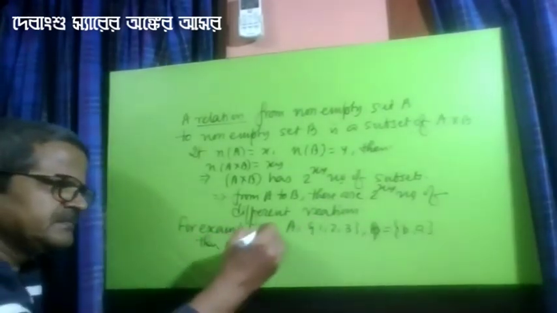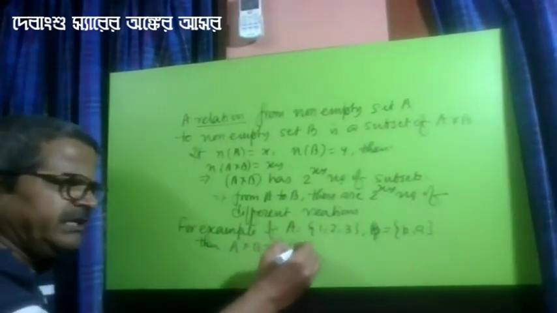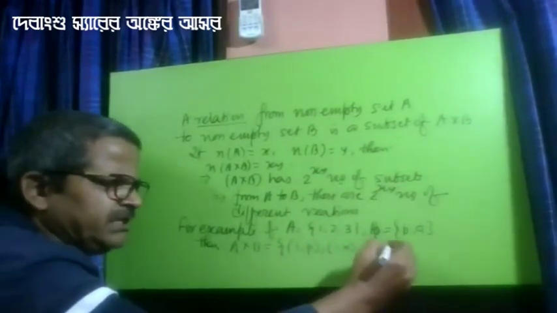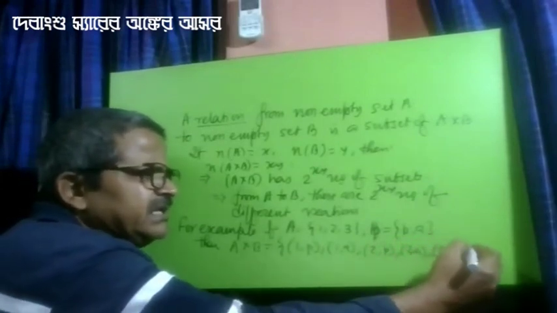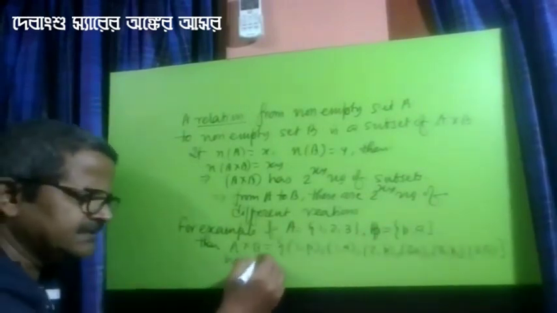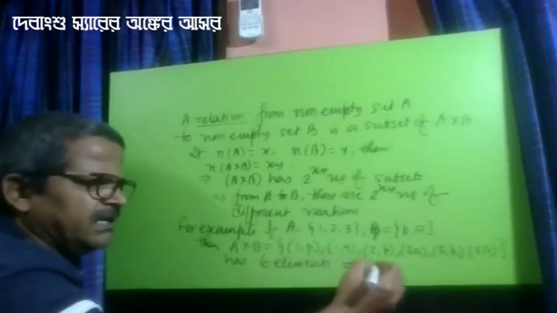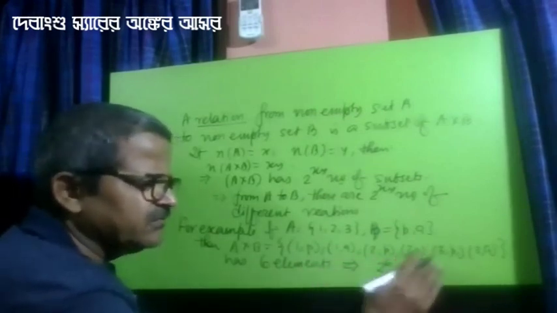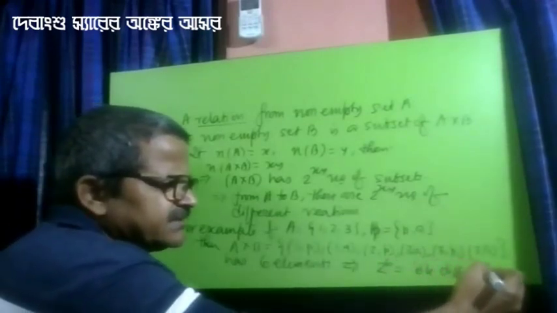Then, if A cross B, already written 1P, 1Q, 2P, 2Q, CP, CQ has 6 elements, this implies 2 to the power 6, that is 64 different relations.